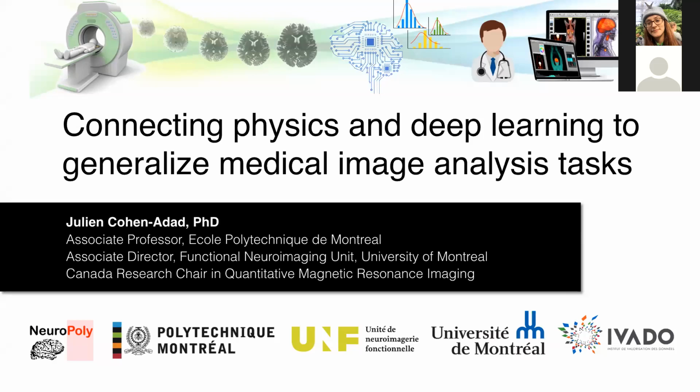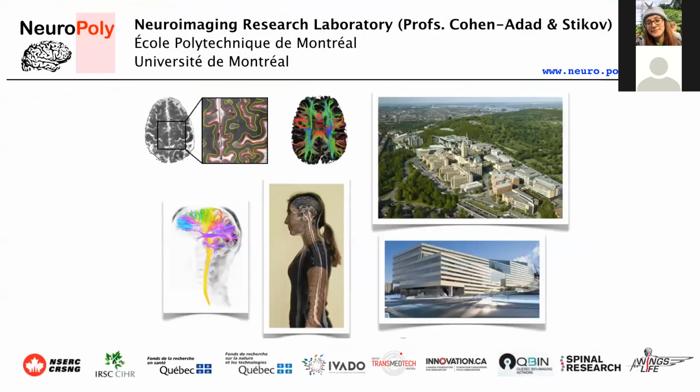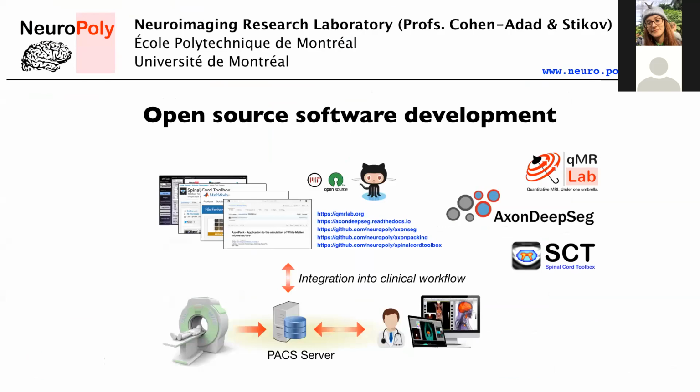My name is Julien Cohen-Haddad, and a little bit of background. I'm a PI, principal investigator, in a neuroimaging lab at Polytechnique Montreal. Our research is focused on MRI technologies, magnetic resonance imaging, for neuro application. We are based on the University of Montreal campus.